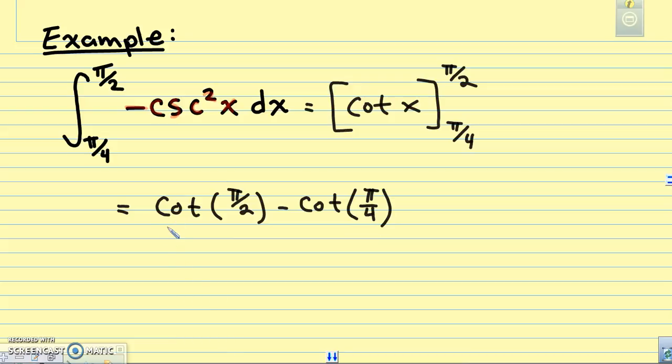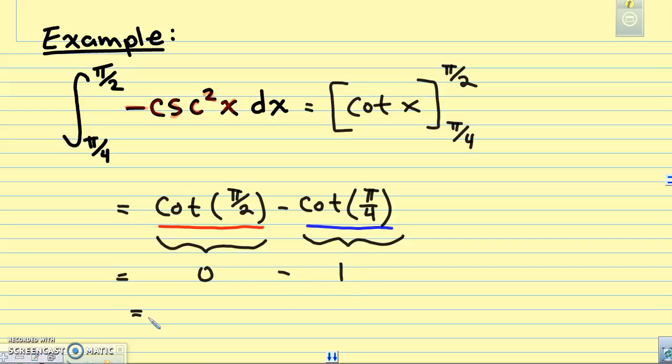So pause the video. You try to compute what cotangent of pi over 2 is, and what cotangent of pi over 4 is, and check it with mine. Cotangent of pi over 2 is 0, minus cotangent of pi over 4 is 1, so your answer should be -1.